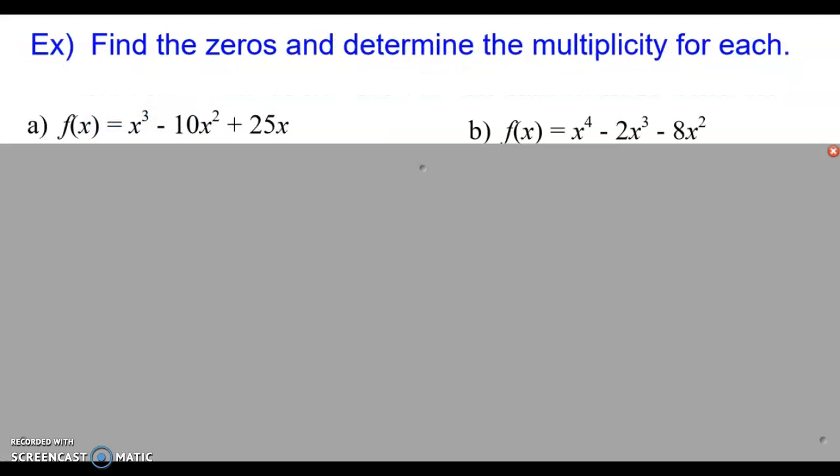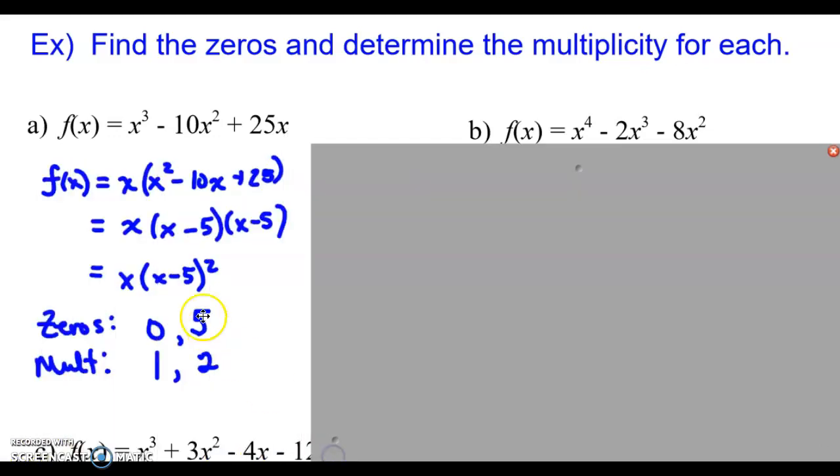In these, we're not given the factored form. So that means we have to do some work, or maybe we can look at our calculator. For these, I'm going to go ahead and say, well, x is in each of these terms. Let's factor that out. That would give me a quadratic. That's pretty straightforward to factor. So when I factor it, I get x times x minus 5 times x minus 5.